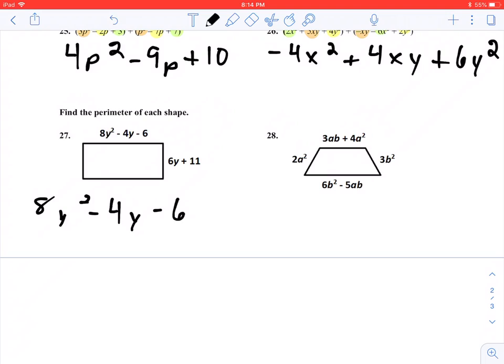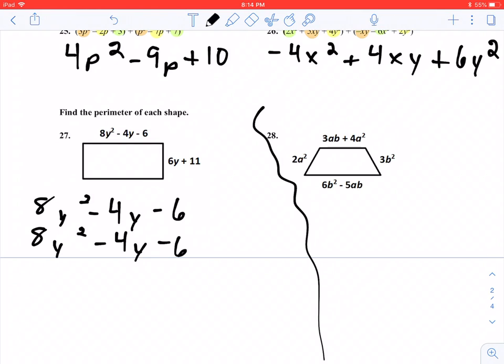But then you have to add a second time. So we have 8y squared minus 4y minus 6. The reason there are two of those is there are two of those sides. There's this side here and this side here, so we have to account for both. After that, we have a 6y plus 11, but we have that twice. So I'm going to write 6y plus 11 here, and then another 6y plus 11.